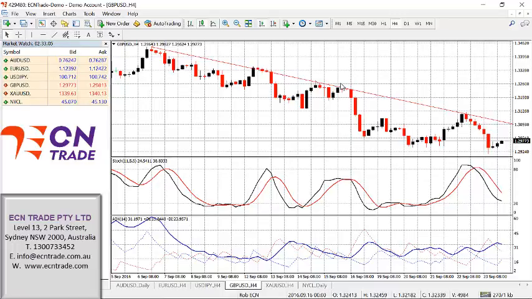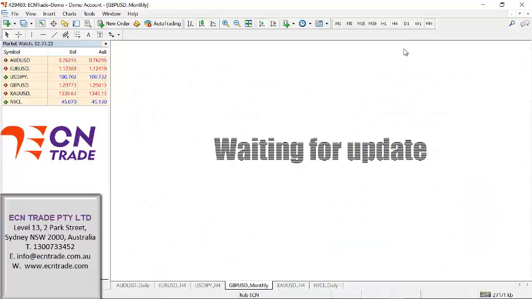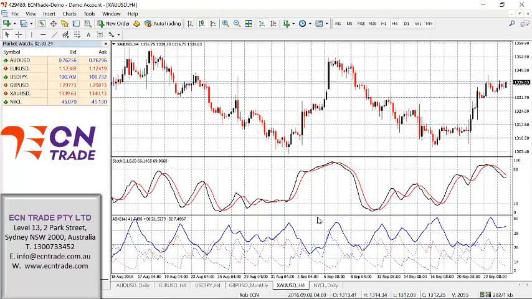Now, if we see a move sub 127.75-90, this would see further weakness and look towards the lows around the 121.24 figure, which was last seen back in 1985. If we can pull that graph up, we can come back to that in a moment.